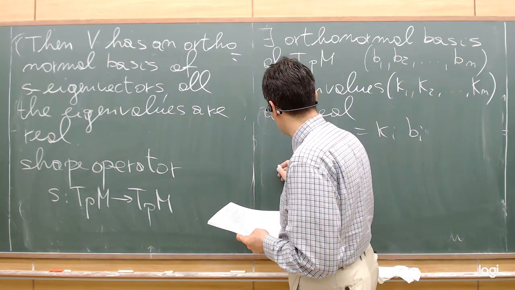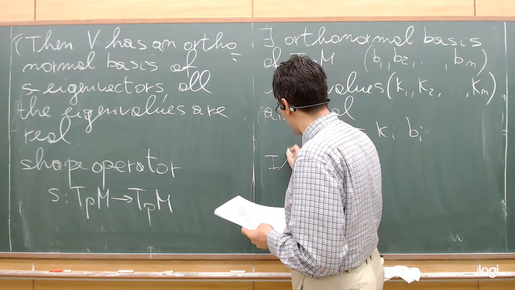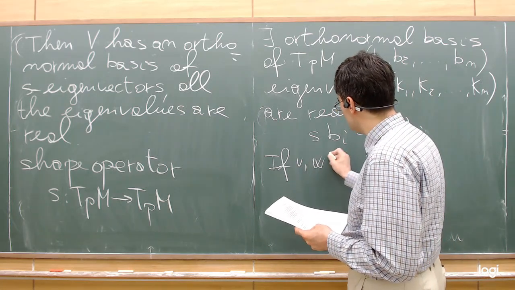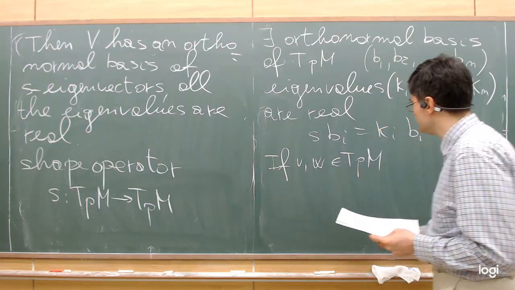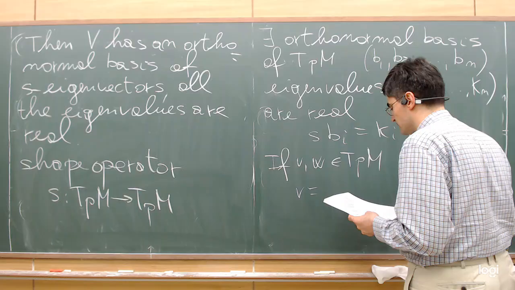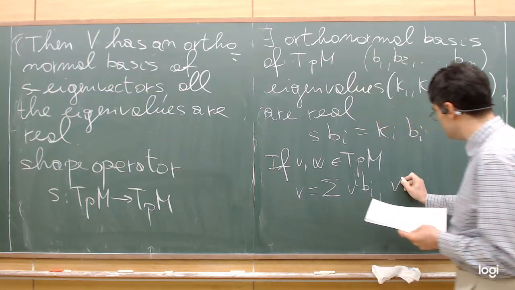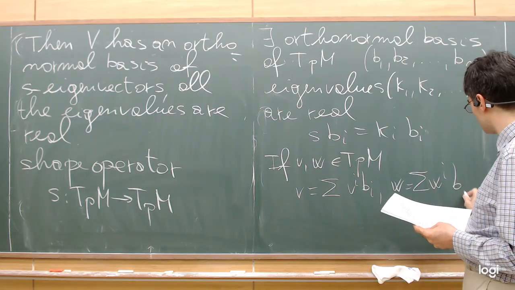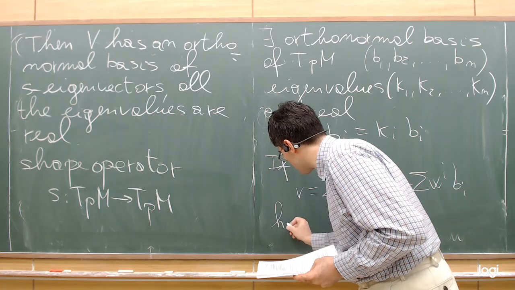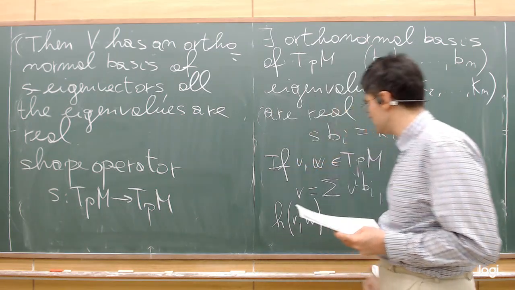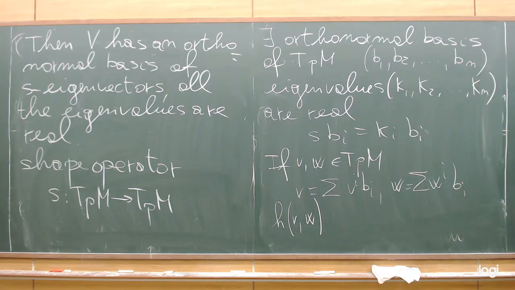And what about H? If V, W are in TPM and V is the sum of Vi Bi, W is the sum of Wi Bi, what is H of V, W?